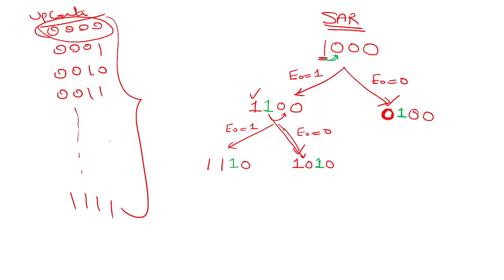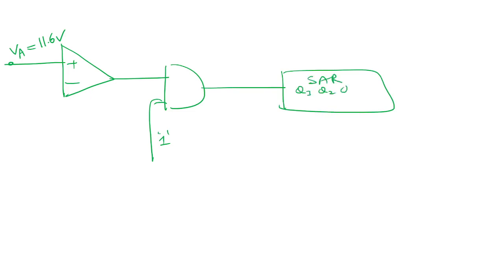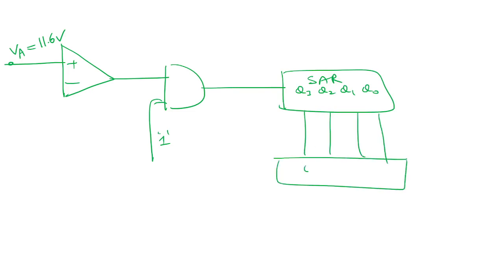Okay, you do this problem. Find out the series of states the SAR traverses before it gets stabilized. VA is 11.6 volt. This is SAR, Q3, Q2, Q1, Q0, a 4-bit DAC, and V resolution is 1 volt.